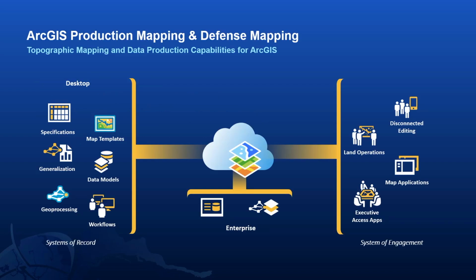Production and defense mapping provide tools to produce, manage, and share topographic authoritative content across the ArcGIS platform. We provide these tools, product files, and applications as a part of the desktop and enterprise extensions. On the desktop side, we provide out-of-the-box data models, workflows, map templates, and geoprocessing tools that help produce authoritative topographic data.